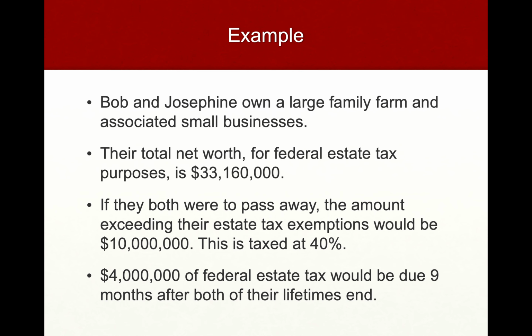Because then the question would be, well, your total net worth is $33 million. Does it matter if your children get 33 million or 29 million? If they say, hey, it's okay to get 29 million, and when sufficiently liquid, we don't really have to worry about coming up with cash. Our heirs won't have to worry about selling off assets quickly to pay the estate tax bill, and we really don't mind that our heirs get 29 million as opposed to 33 million, then they might not get life insurance.